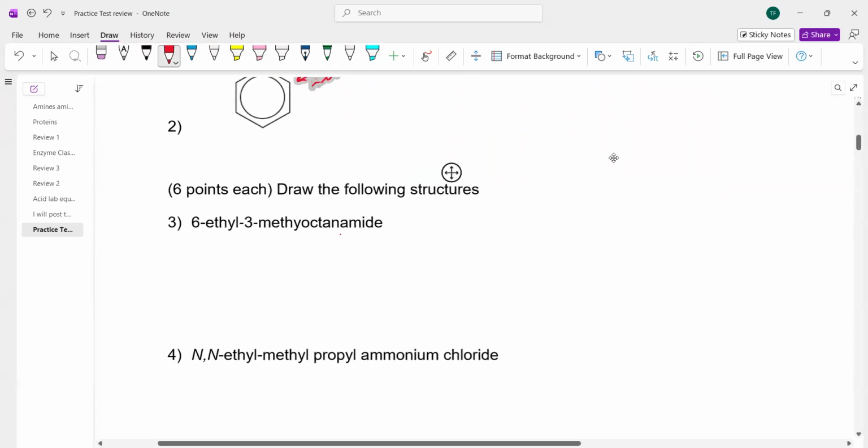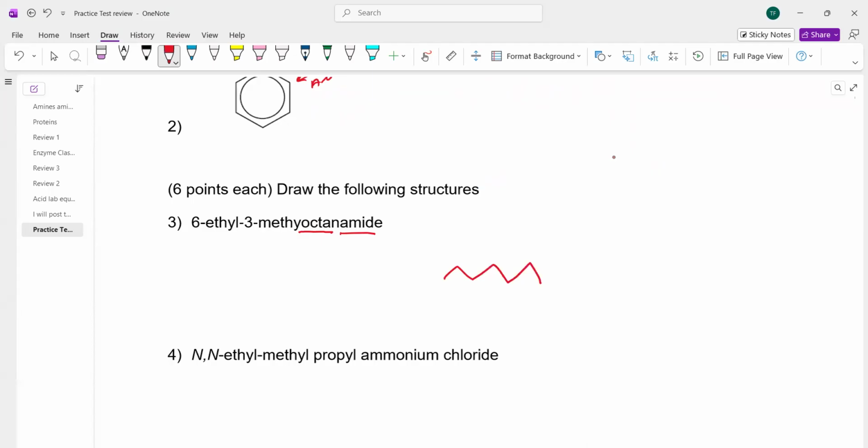So this is an amide, and it's got an 8-carbon backbone, and no branches off the amino group. And we've got a branch at 3 with a methyl group. 1, 2, 3, 4, 5, 6.